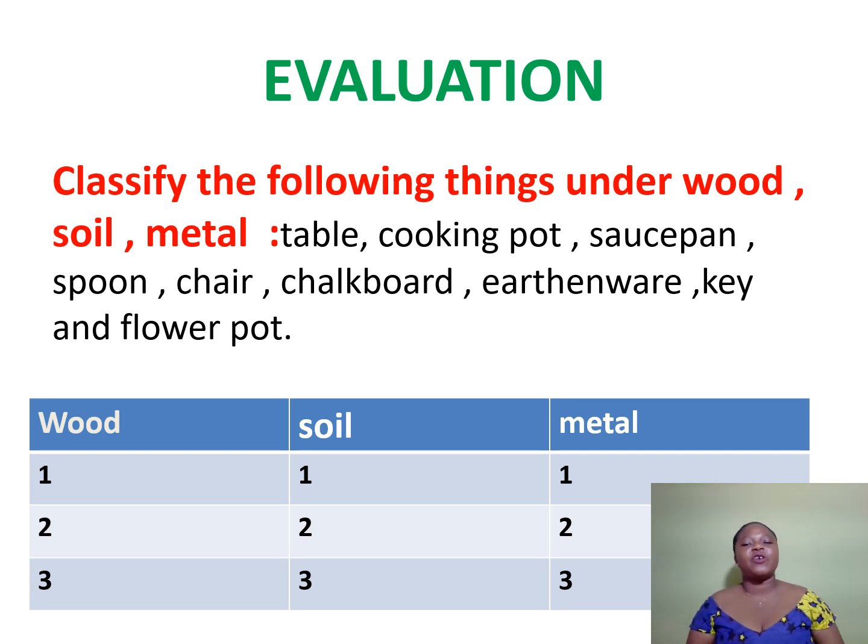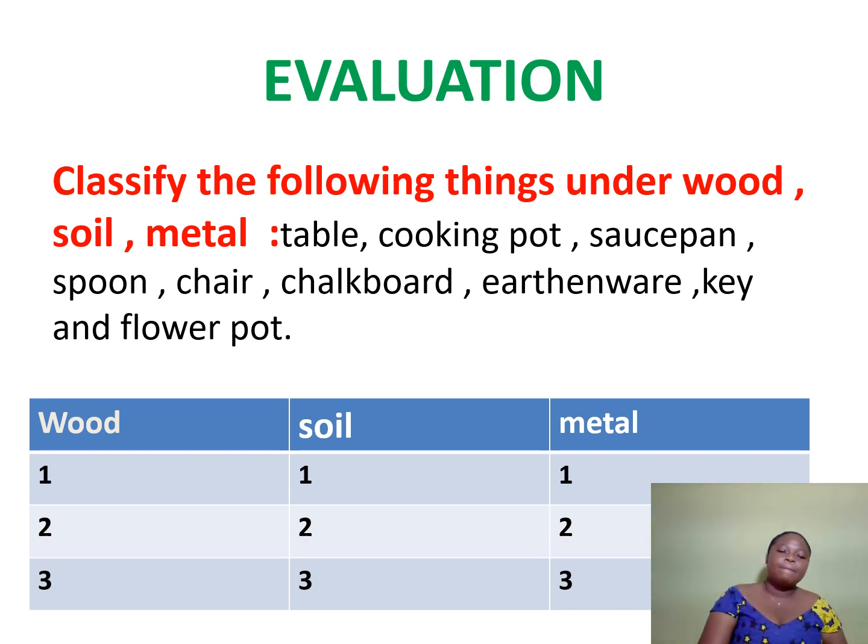So we are going to classify the following things under wood, soil, and metal. So we have here table, cooking pot, saucepan, spoon, chair, cupboard, earthenware bowl, key, and flower pot.